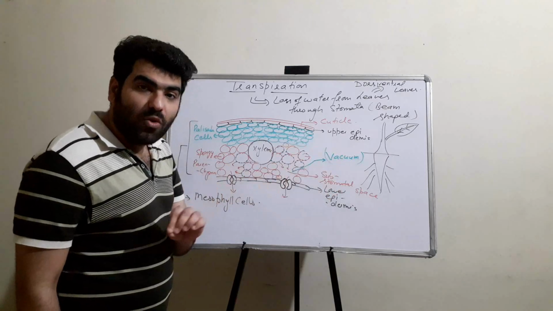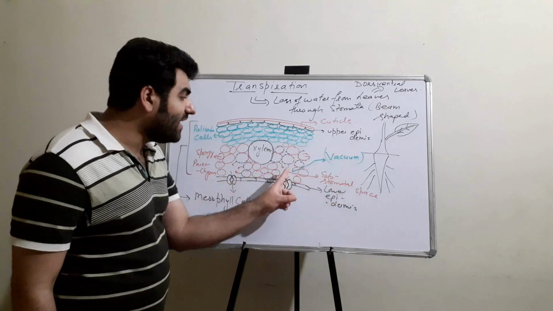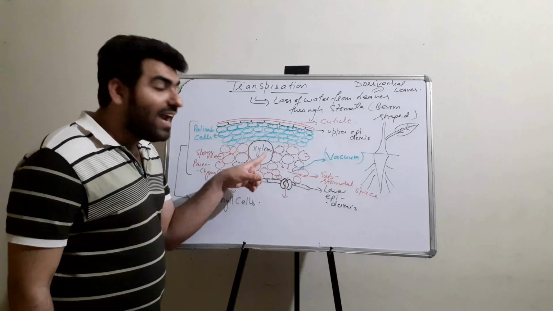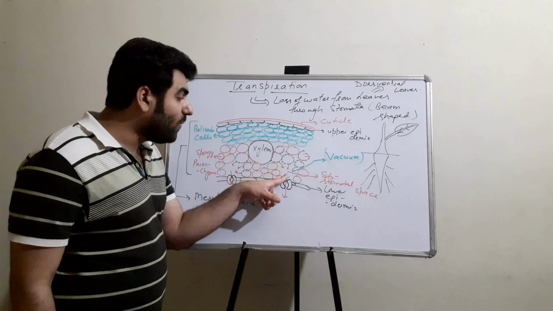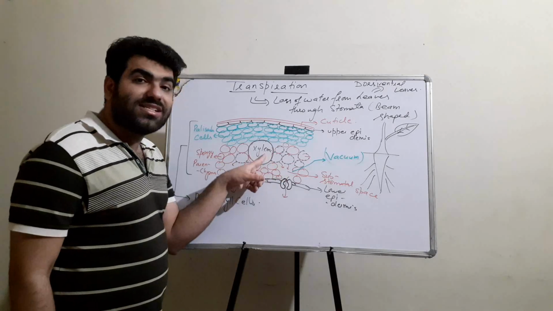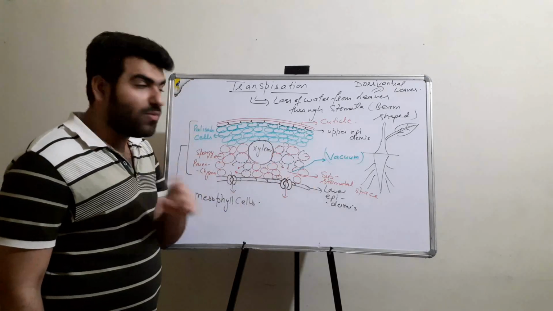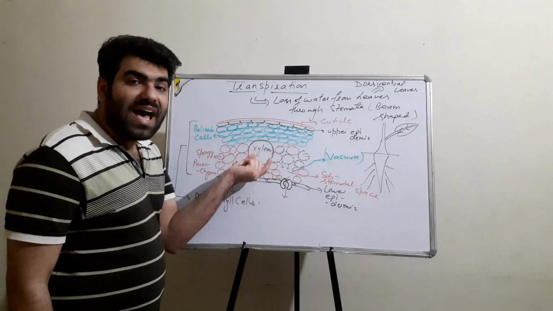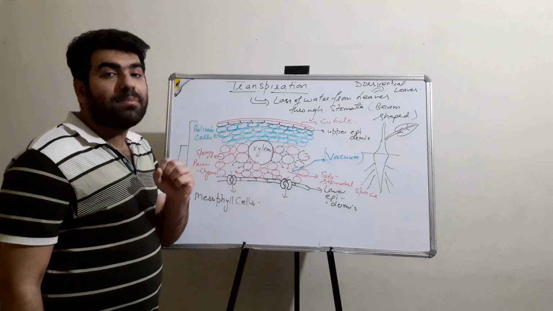Vacuum is a region of low pressure and it will provide a suction pull to the xylem, and due to that suction force, the xylem will pump up the water.